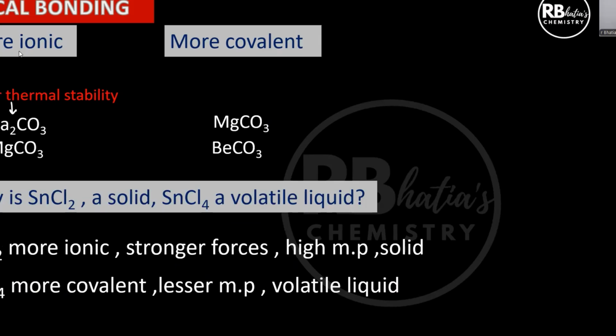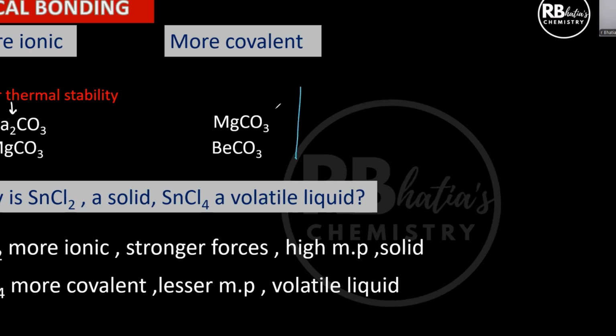The next one we have is thermal stability. More percentage of ionic character also accounts for high thermal stability. How do we compare? If I compare sodium carbonate with magnesium carbonate, magnesium with smaller cation, more charge, has more covalent character. So sodium carbonate is thermally more stable than magnesium carbonate.